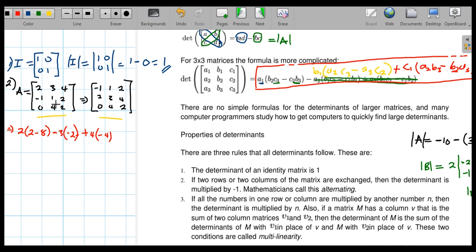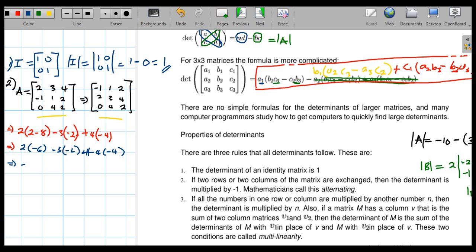So this is going to be 2 multiplying minus 6, then minus 3 multiplying minus 2, then plus 4 multiplying minus 4.